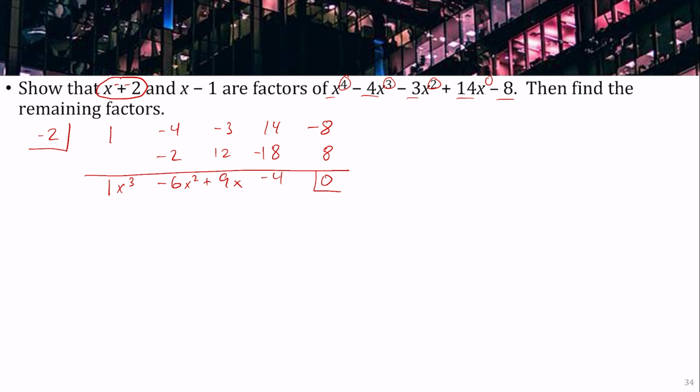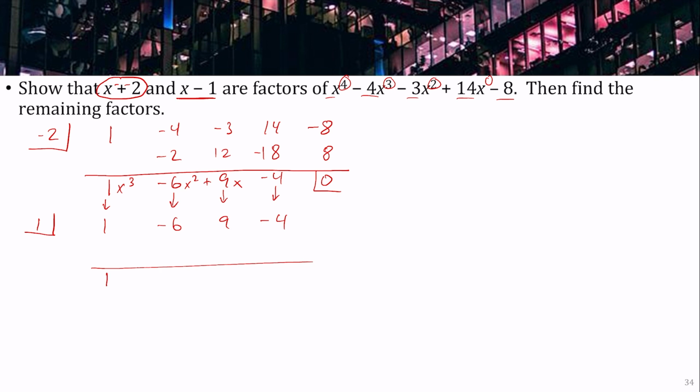That's not a quadratic. So we're going to use our second factor. We'll put 1 in the box. And instead of going to the original polynomial, we're going to use this depressed polynomial that we just got. So just copy down those numbers from the answer we just got.